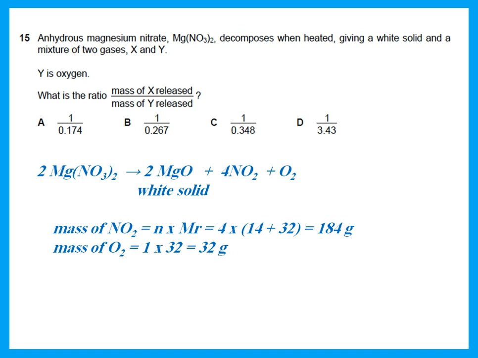He doesn't want a definite product. So the mass of the NO2 compared to the mass of oxygen, I can simplify this ratio and I will find that the ratio between them would be 1 to 0.174, and that makes my answer A.